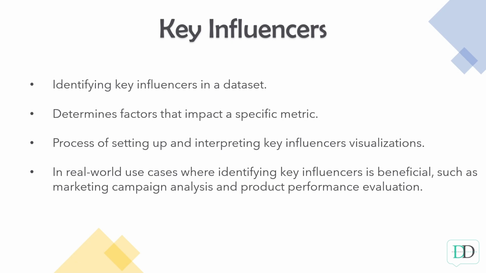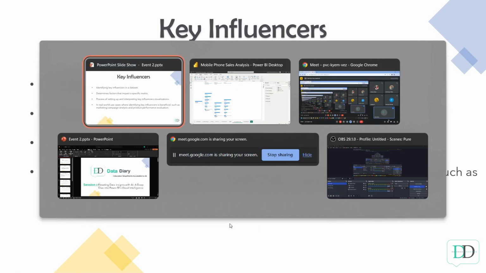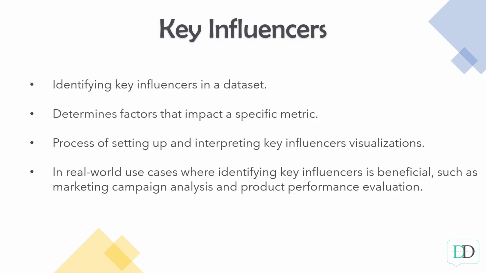It chooses a particular metric, and based upon that metric, it will show the key influencers, meaning which factor was influencing that metric at that particular instant. It will give us insights based on that. And I will show you now how the key influencers work.